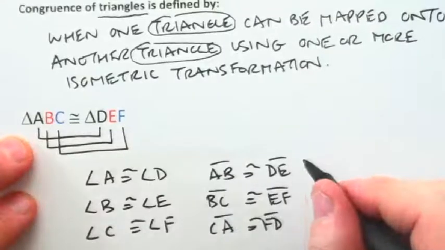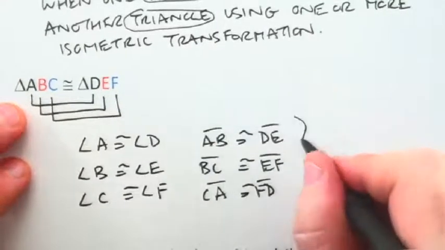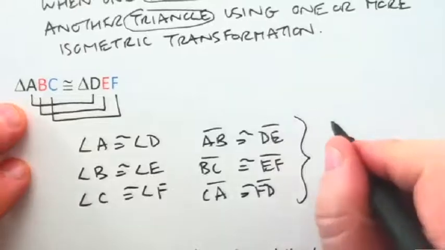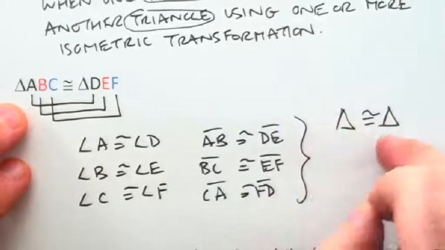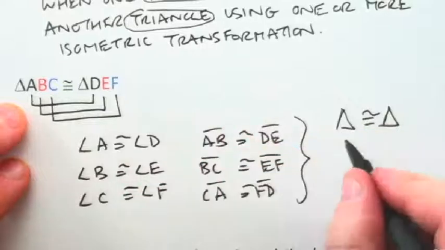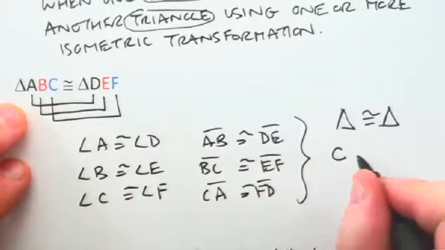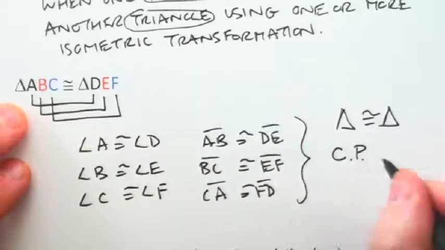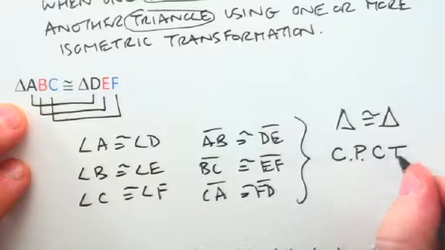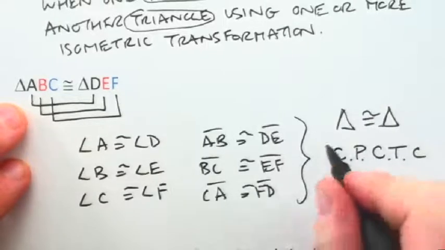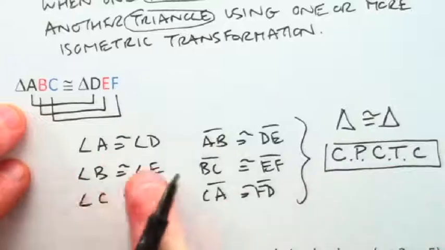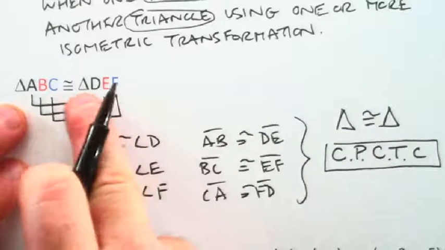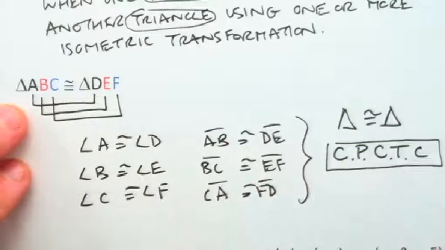Now all of these basically are a function of the fact that we know that the triangles are congruent, so this is all true. These are known as the corresponding parts of congruent triangles are congruent. It's kind of a long thing, but basically it says the corresponding parts of the congruent triangles have to be congruent.